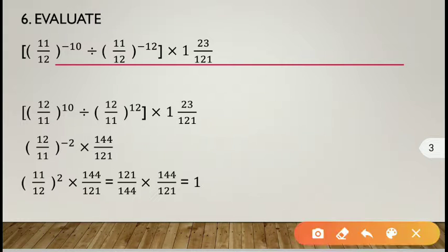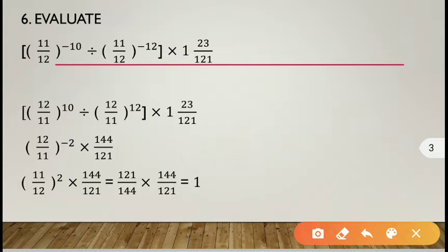Next question is again evaluate: 11 by 12 to the power minus 10, divide 11 by 12 to the power minus 12 into 1 whole 23 by 121. First of all, according to the BODMAS rule, solve the bracket. So here the powers are with the negative sign. So first of all, convert the power into plus.